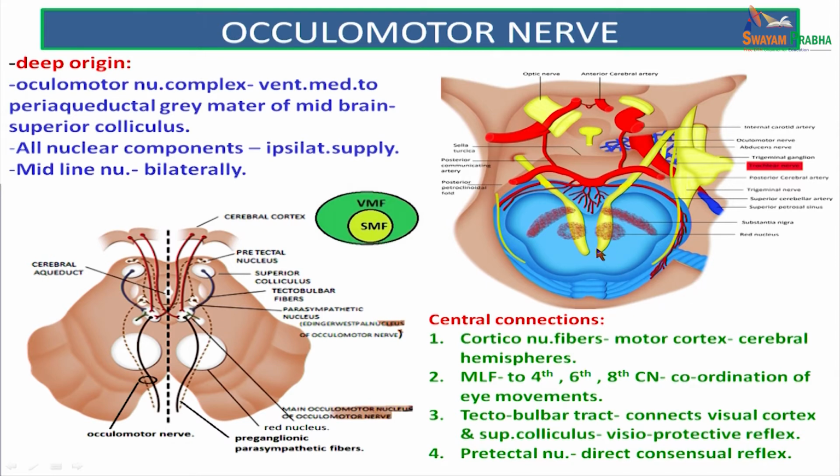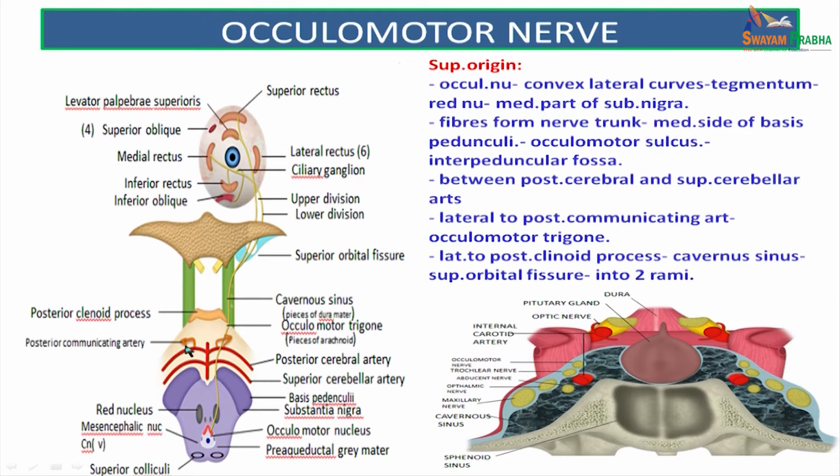So, from the origin, there are about 12 to 15 fibers of the oculomotor nerve. They arise and pass through the tegmentum of the midbrain via the red nucleus and the medial aspect of the substantia nigra and appear through the oculomotor sulcus, having the convexity laterally all through its course.